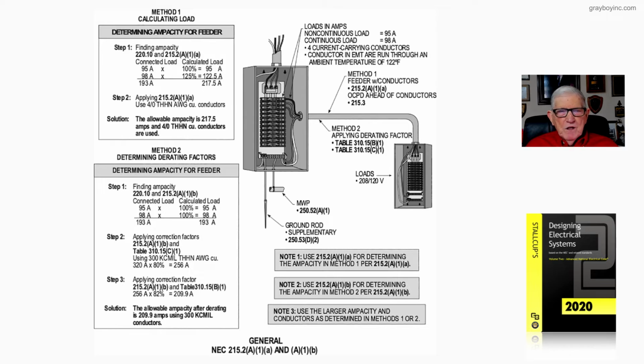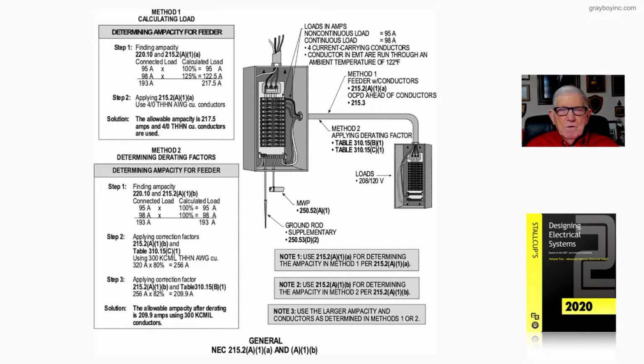Now, step 3, we're going to apply, again, 215.2A1 little b, along with table 310.15B1, and we're going to pick up 82% from this table, and the grouping that has the listing of 122. So when we take the 82% from that 90 degree column, because we're using the 300 kc mil amperage rating from the 90 degree column, so 82% of 256, we come up with 209.9.